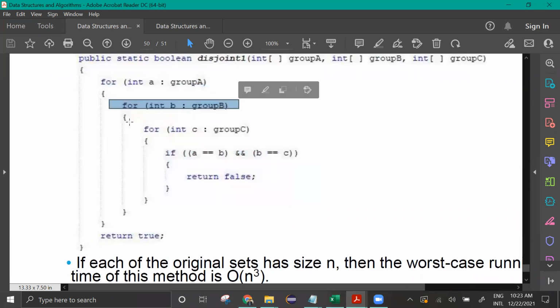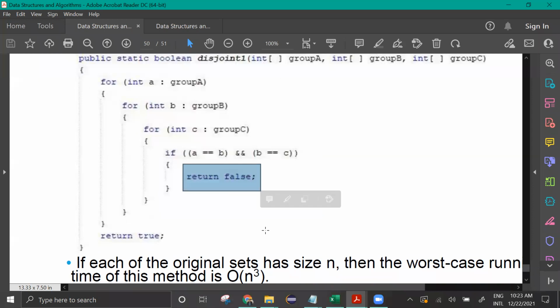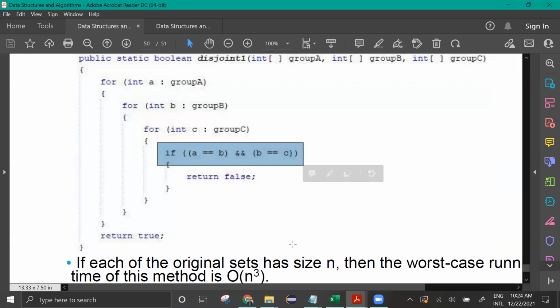Right? If this condition is true, right?